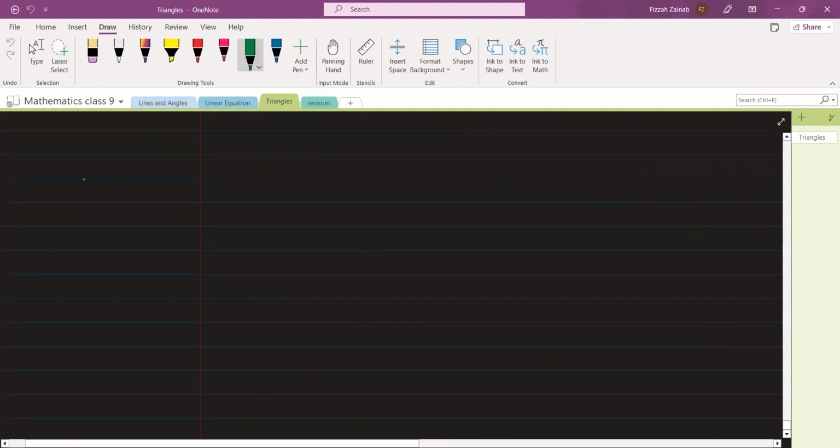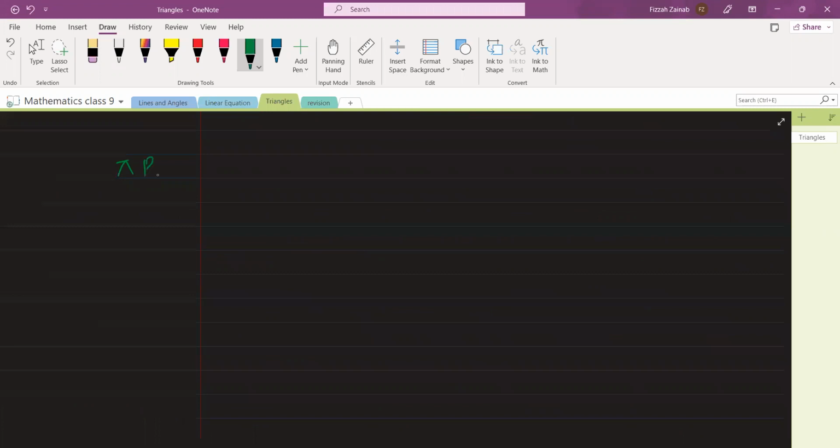Okay, just rechecking. So when I'm doing pi r square h minus pi r square h, here there was a mistake.